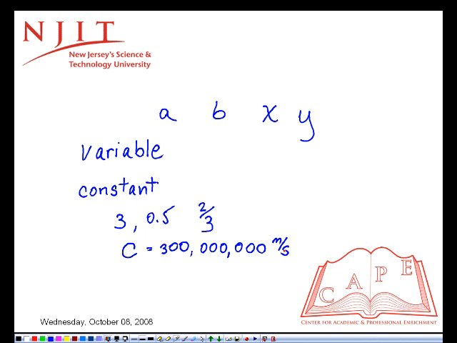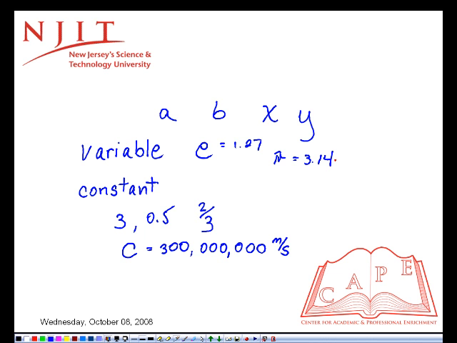And there's other letters used in math, such as E, which is approximately 2.718, and pi, 3.14, etc. So all these letters are constants because they do not change regardless of what's going on in the algebraic operation.